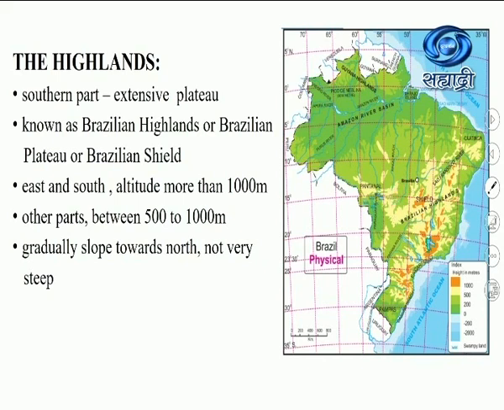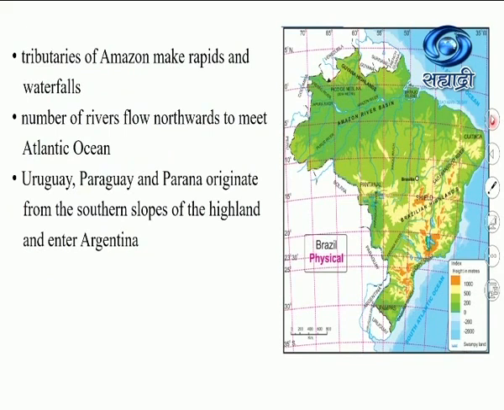But in the rest of the region, it is between 500 to 1000 meters. This region gradually slopes towards the north. The slope of the region is towards the north, but it's not very steep. So this is the speciality of the Brazilian region.